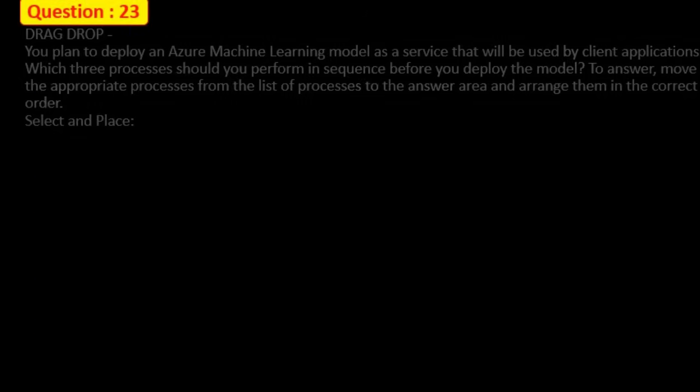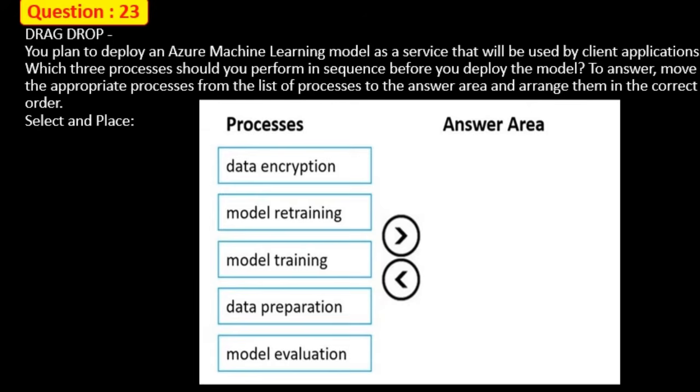Question number 23. This is another drag and drop type question. You plan to deploy an Azure machine learning model as a service that will be used by client applications. Which 3 processes should you perform in sequence before you deploy the model? To answer, move the appropriate processes from the list of processes to the answer area and arrange them in the correct order.